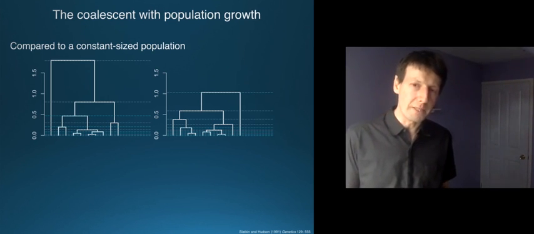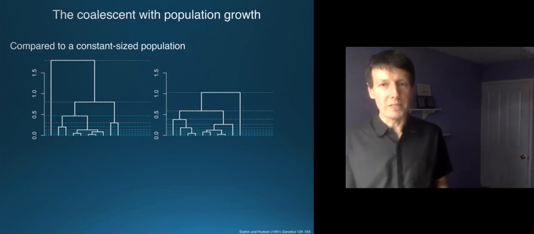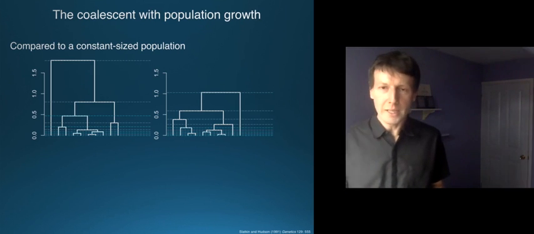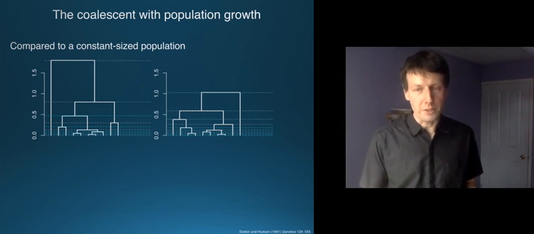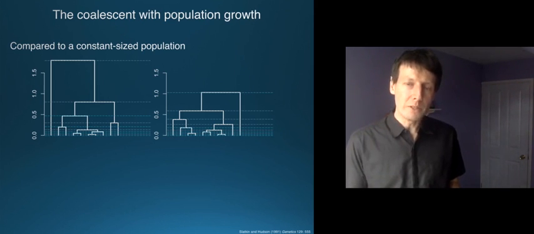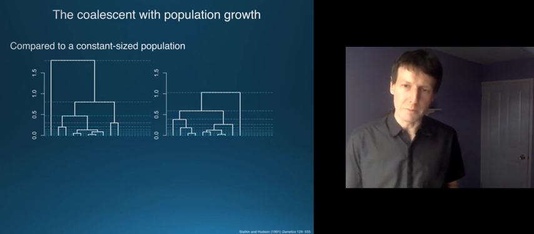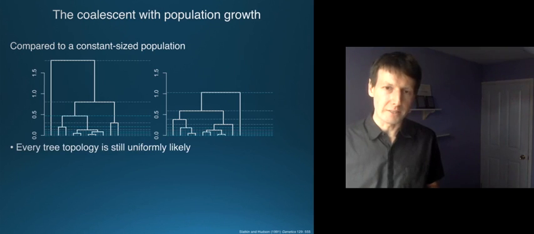Okay, so there's a signature in terms of the tree, which is left by demographic processes, in particular changes in population size. And in the case of population expansion, what you see is a general compressing of the tree. And not only a compressing of the tree, but the branches closer to the root, which tended to be longer, are actually more equal compared to branches close to the tips of the tree than you would expect in a population which is constant size.